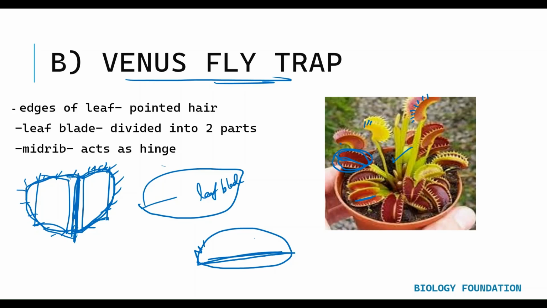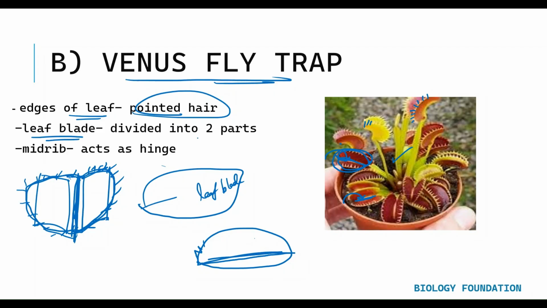Just like a book closes, in the same way here also the leaves close and trap insects. If an insect lands on the structure, immediately the leaves close, and trap the insect. Try to understand, the edges of the leaves have pointed hair here.